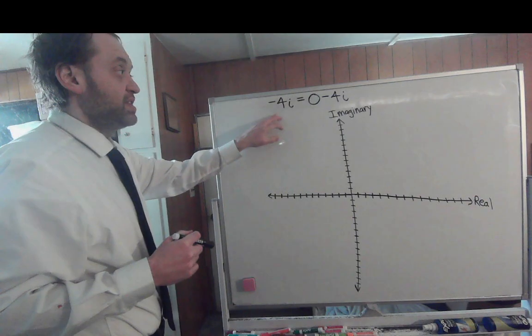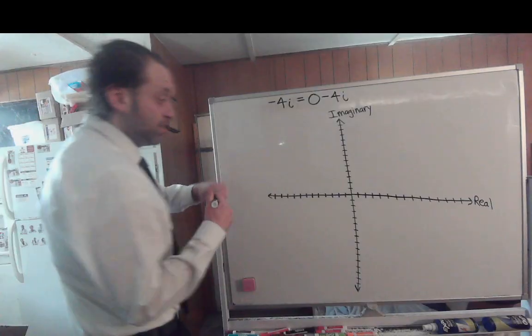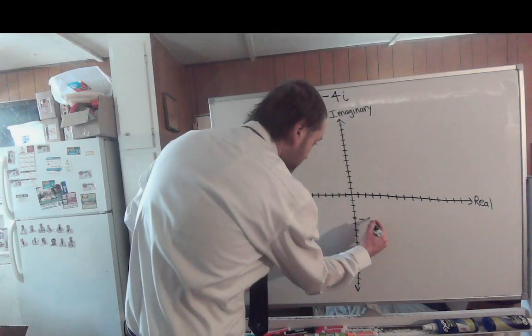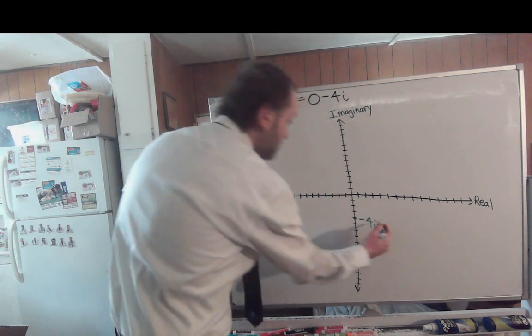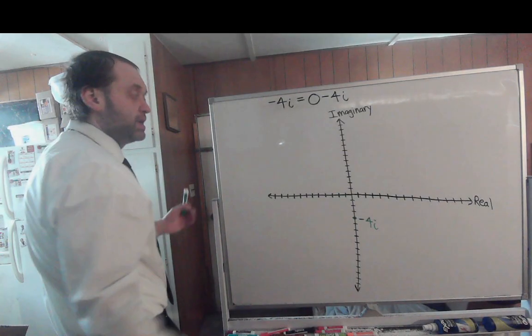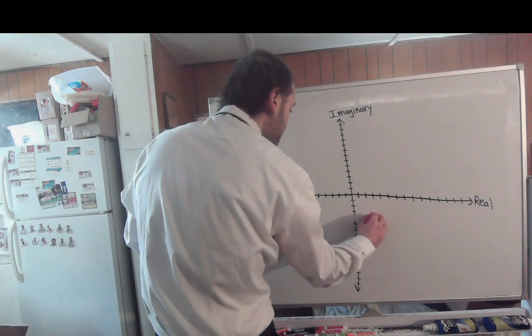So if you just see the imaginary, you know you're going 0 places on the real, and I'm going down 4 on the imaginary, which would put me right there. That would give me negative 4i located right here. Almost like a y-intercept, but it's not because you're plotting in the complex plane.